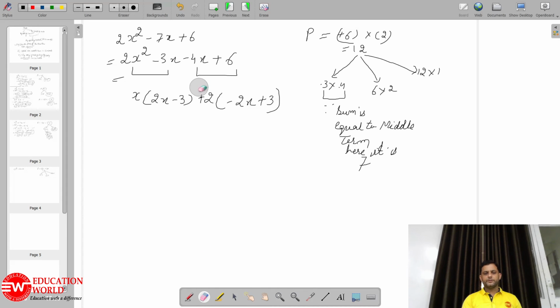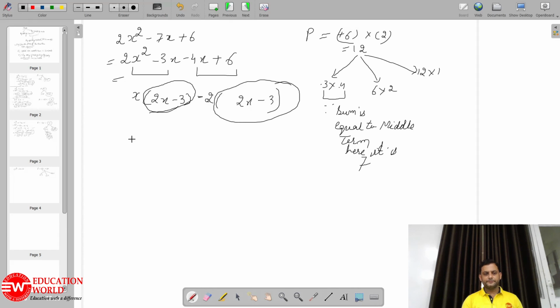When I take minus common, what will be the effect? Minus will become plus, and this will be minus. Now you can see that these two brackets are the same. So 2x minus 3 common, and inside x minus 2.